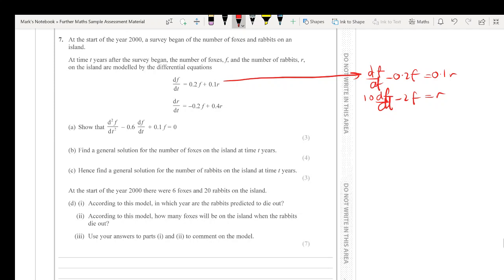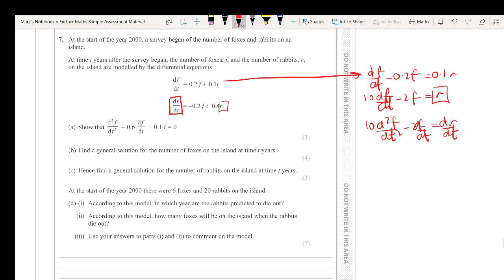We're going to differentiate everything with respect to t: 10 d2f by dt squared minus 2 df dt is dr dt. Okay, so now we can replace this dr dt by that, and we can replace the r by that, and we have an equation only with f and t.